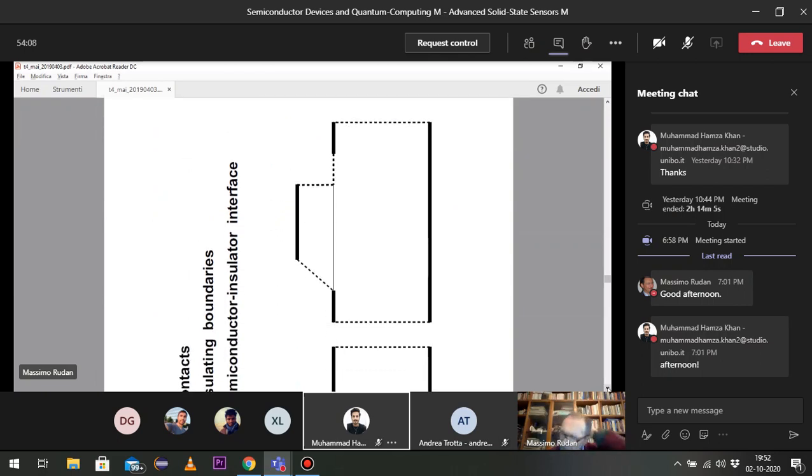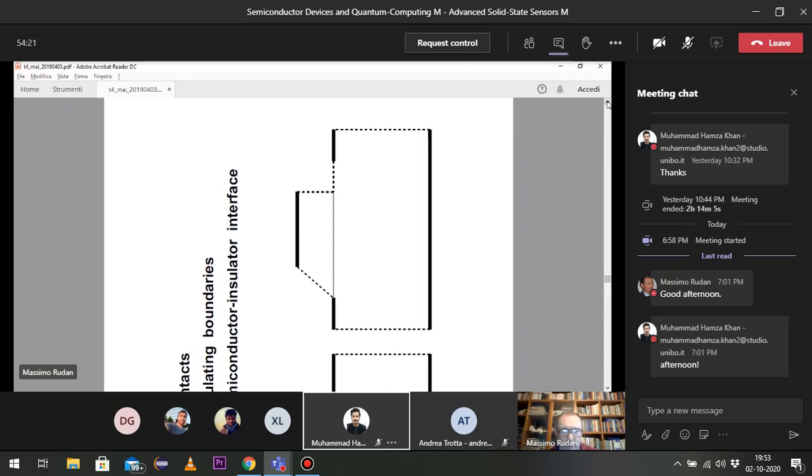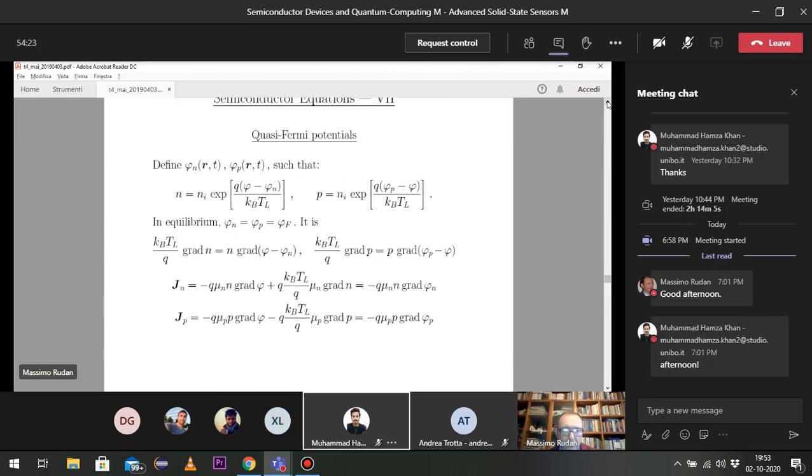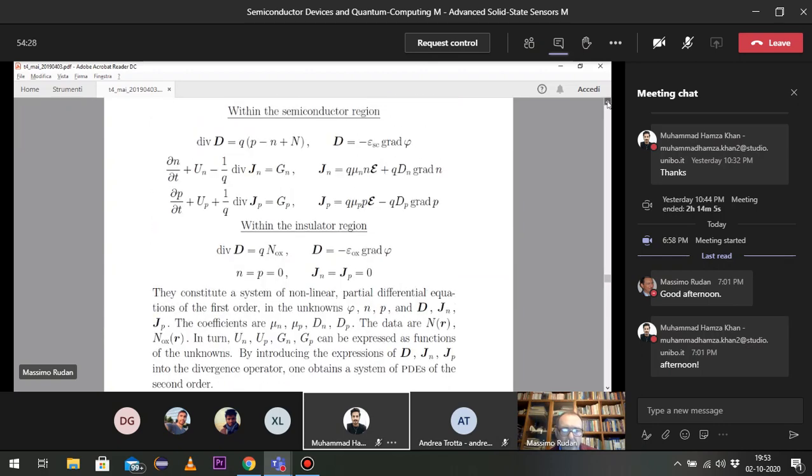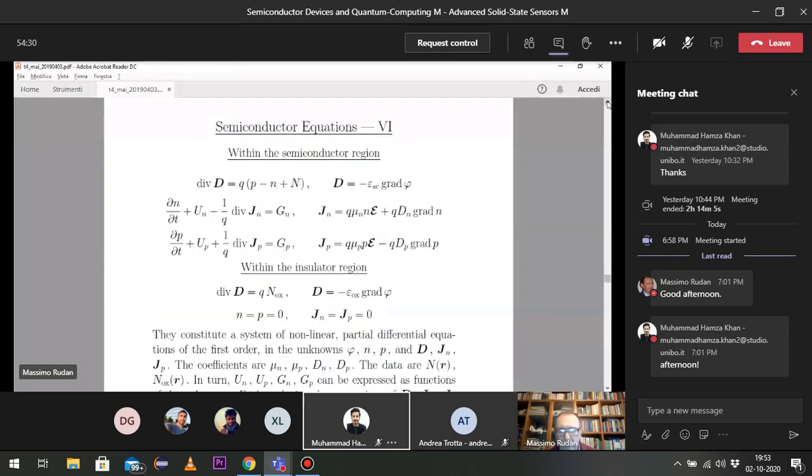Another issue related to the mathematical model of the semiconductor devices is, of course, the issue of the boundary conditions. You remember we have equations that contain the unknown functions and the derivatives with respect to space, and also they contain the derivatives with respect to time.